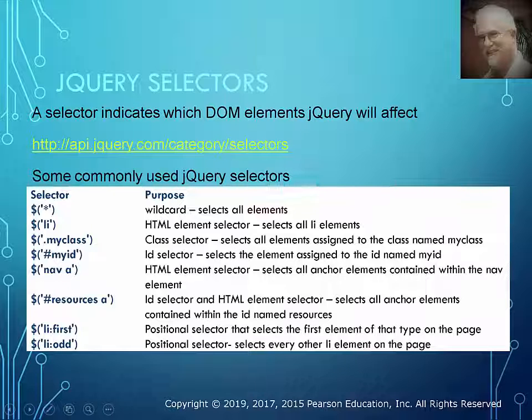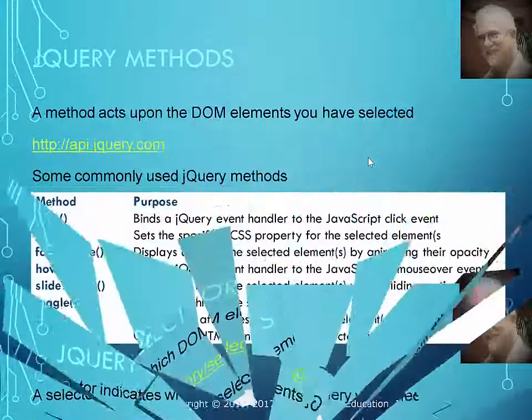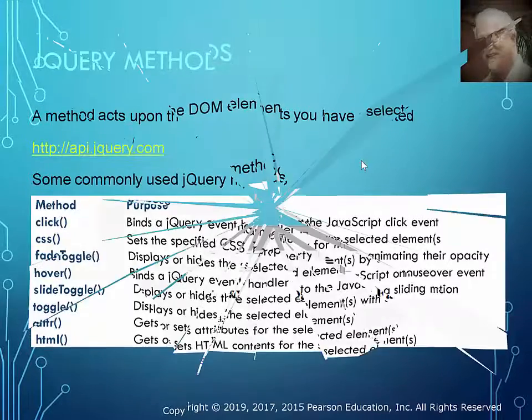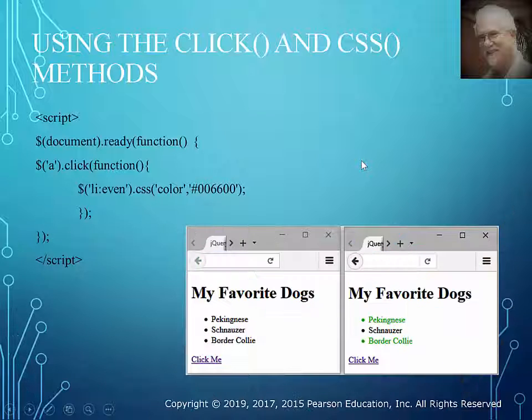So you can address all of these things, and you can manipulate their properties and values. And of course, you can also do the various methods here: the click, the fade toggles, which we're going to get into a little bit later, the hover, slide toggles, attributes, HTML. You're going to see how much fun this stuff is.